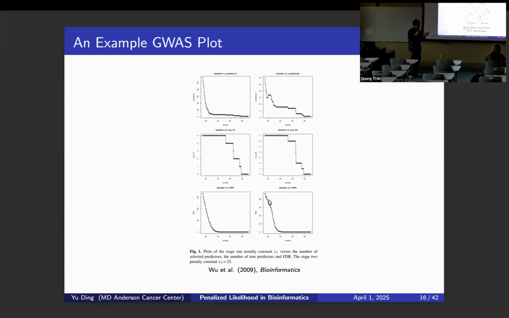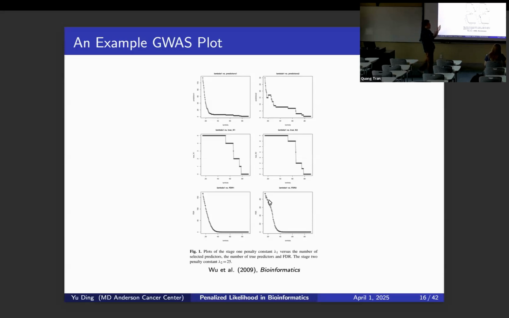If a predictor has a non-zero coefficient, it means this predictor is being kept, and we assume that this predictor has an effect on the response. If it is 0, then no effect. So the y-axis of the first plot means the number of predictors or features having non-zero coefficient estimation, which means they are kept. They are not being dropped.